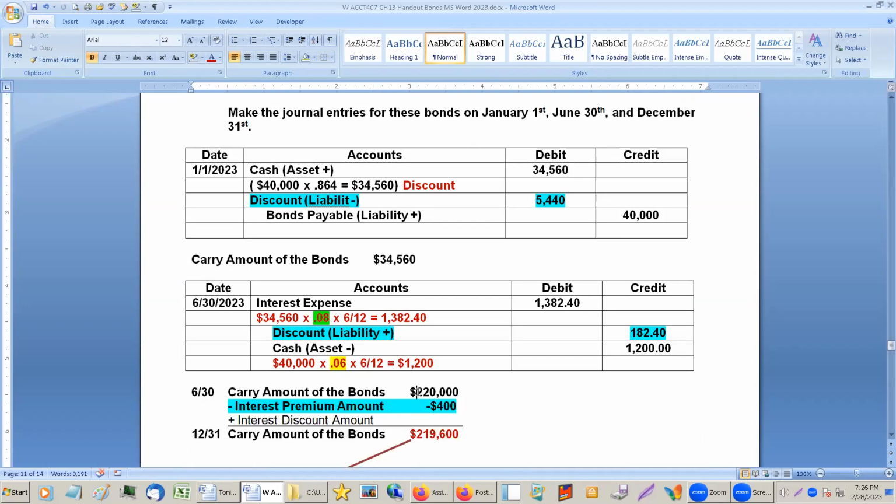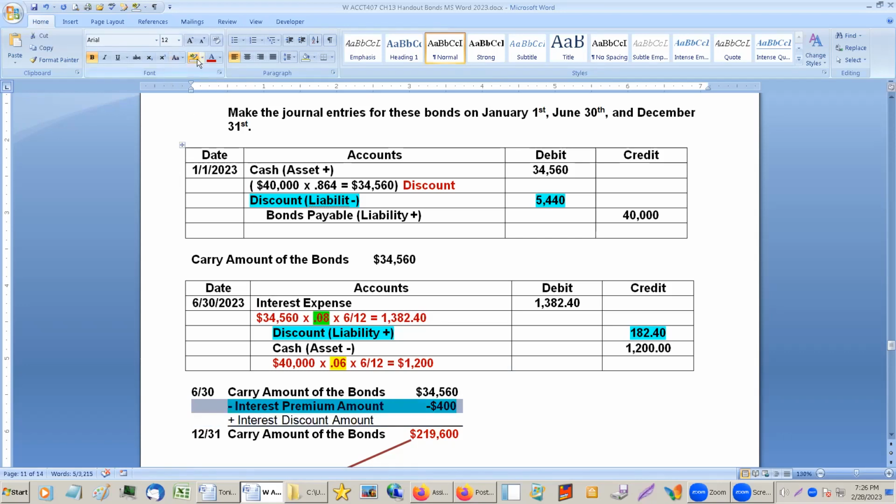Okay, coming down here. Carry amount was $34,560. Now, if it's a premium, you subtract it. We don't have a premium here, we have a discount.